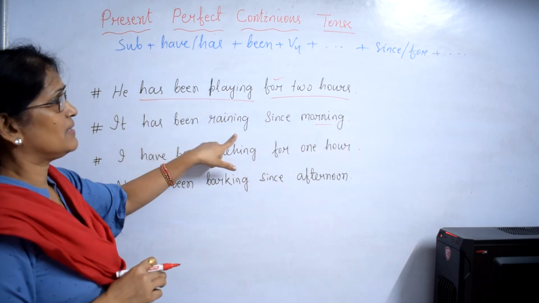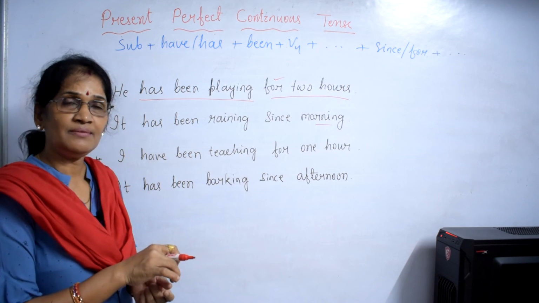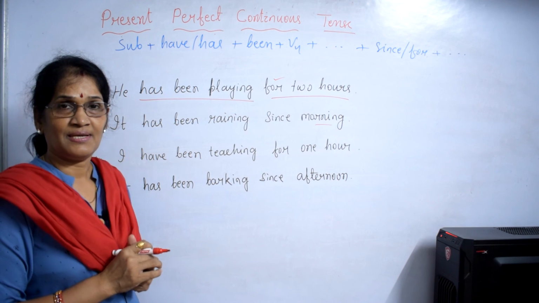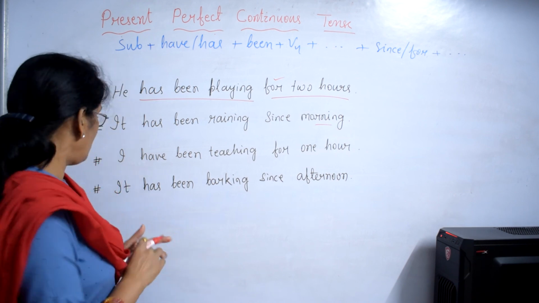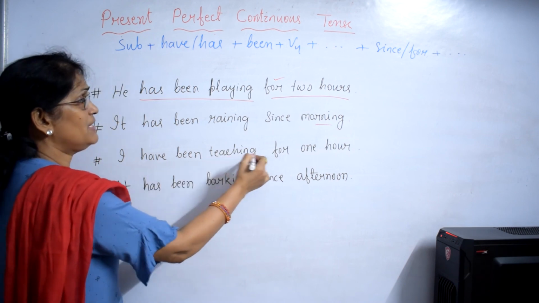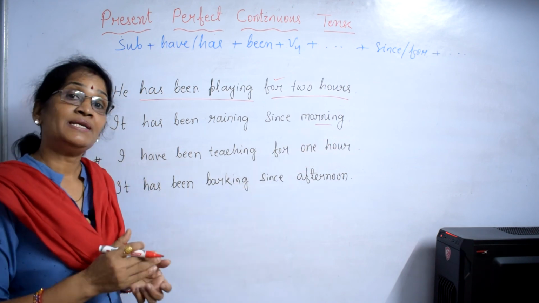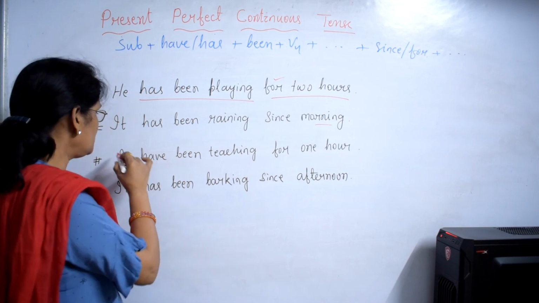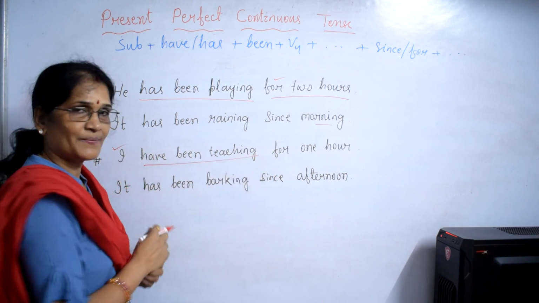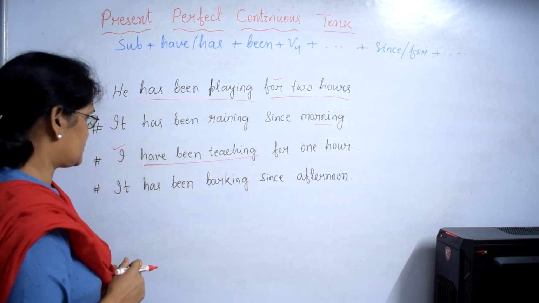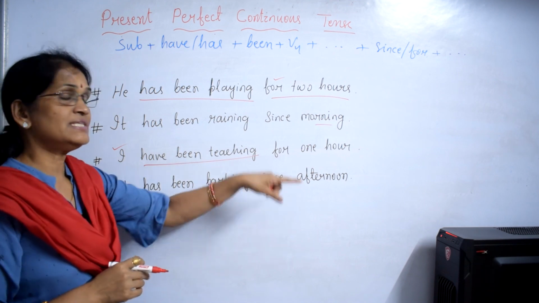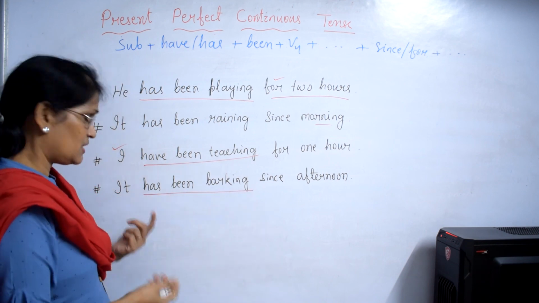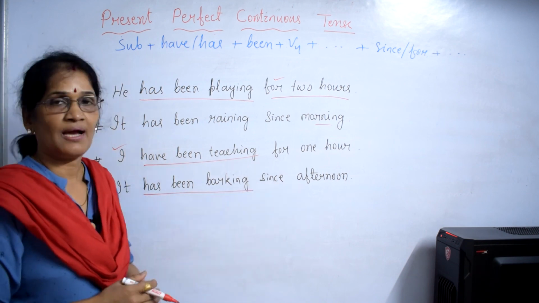It has been raining since morning. It is raining means now it is raining. I am teaching means now I am teaching. But I have been teaching for 1 hour. My teaching started in the past sometime and is still continuing. There we use have been teaching, right? Present perfect continuous. The dog has been barking since afternoon.